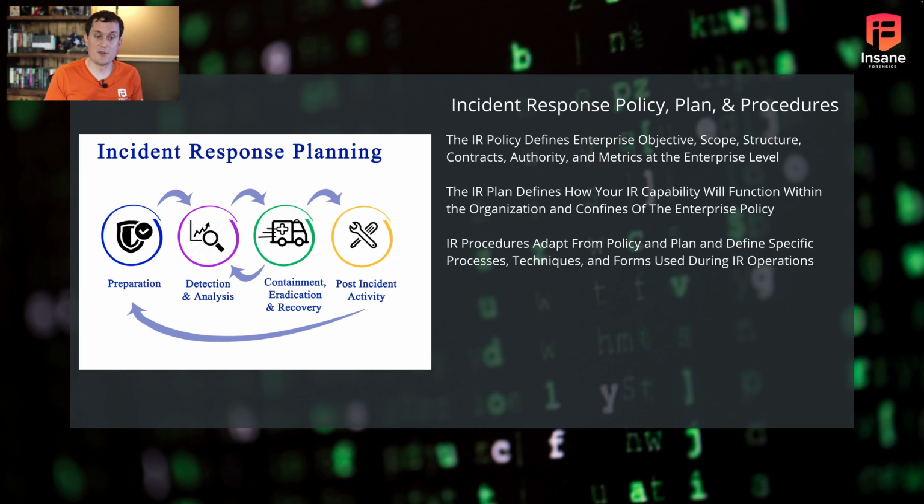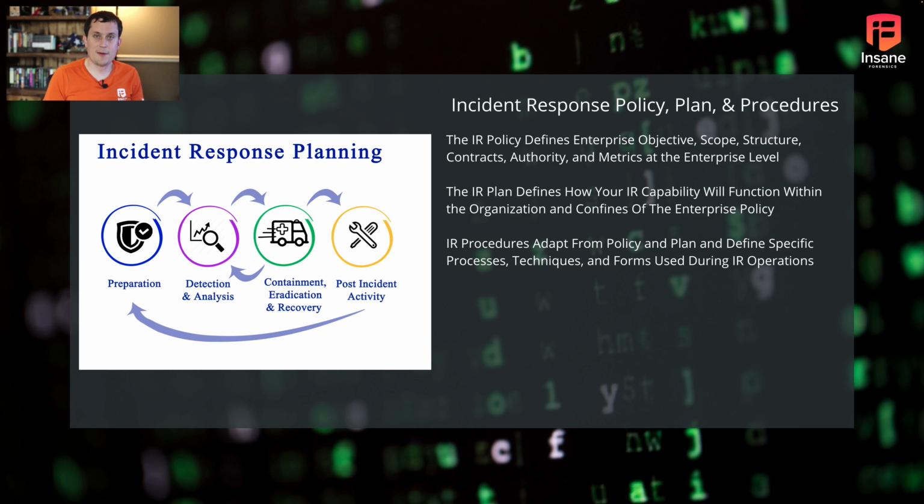Again, we talked about the difference between policy, plan, and procedures. The policy, at the overarching enterprise level, defines the overall scope and expectations management has. The IR plan then gets into how you're going to organize that, how you're going to take the authority that the IR policy defines.